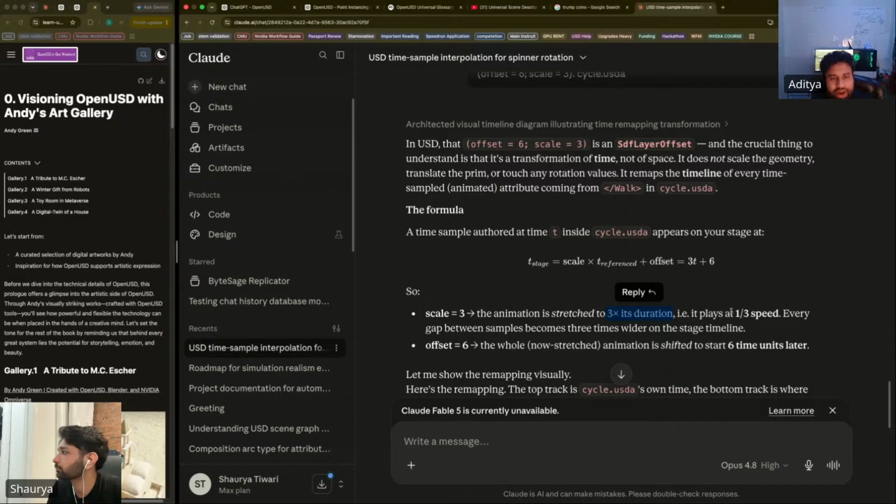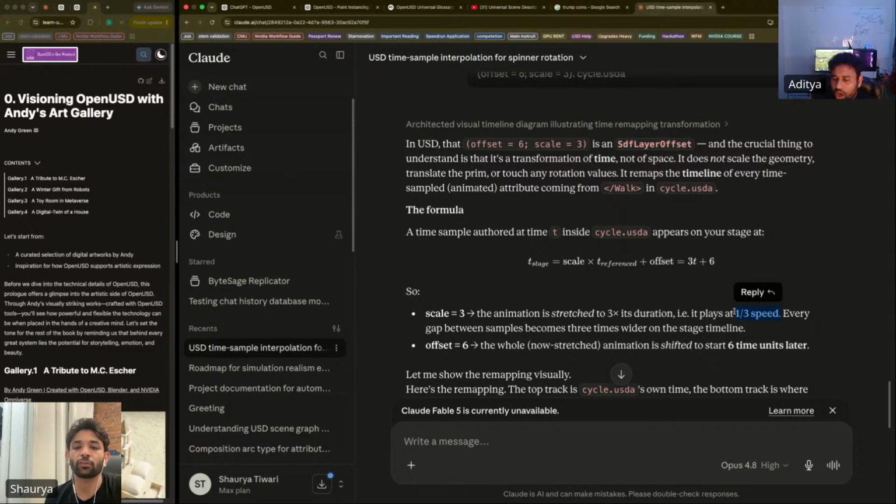Oh, so it's going to be divided by three, then why are we doing multiplication? Bro, one third speed means it will take more time. So 4 times 3, it will take 12 seconds to play a 4-second clip, but it will be slower.